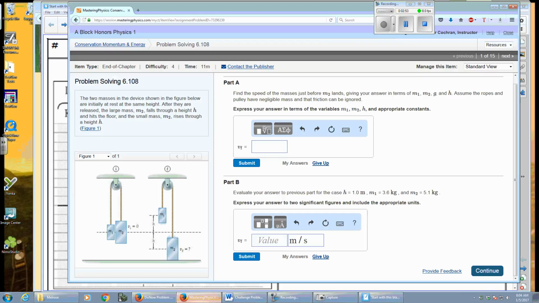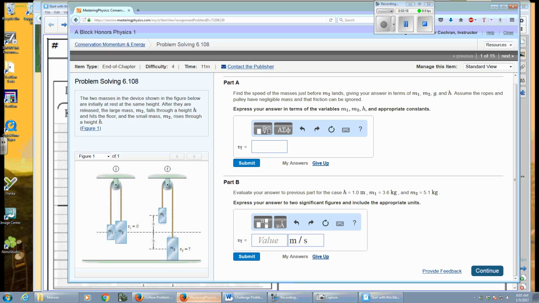Are they going to have any kinetic energy? In other words, are they going to be moving? Yes. And are they going to have any gravitational potential energy? Yeah. Well, M1 is, but we could say M2 isn't, right?